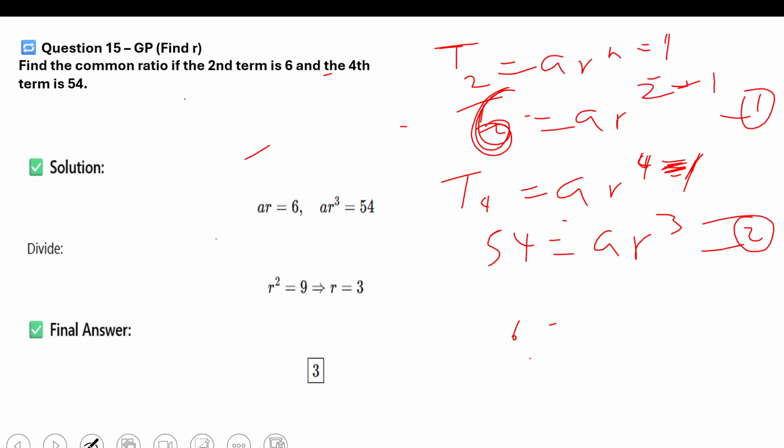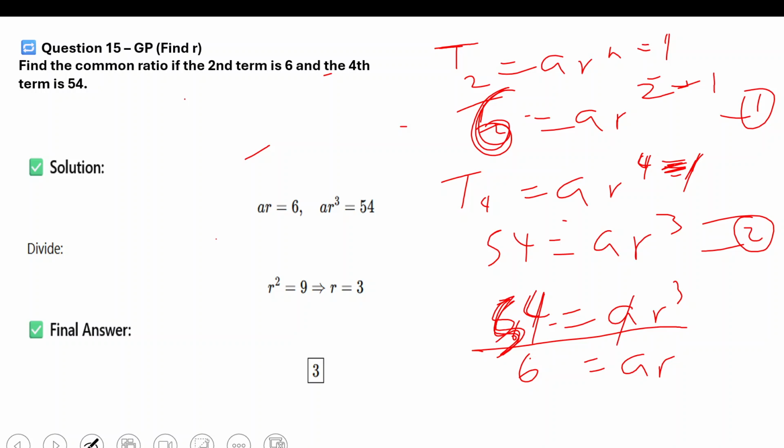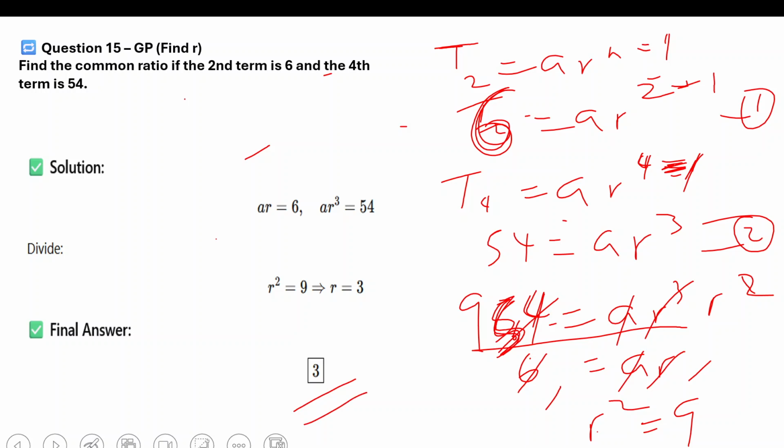This is equation 2. The two equations, I can divide them. So 54, equation 2, is a r cubed upstairs, and downstairs is 6, equal to a r. A cancels a. 54 over 6 is 9, and r cubed over r is r squared. So I have r squared equals 9. So from here I can get r as 3. That's what is happening here.